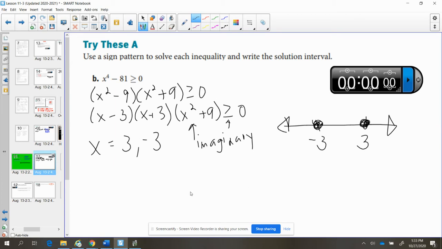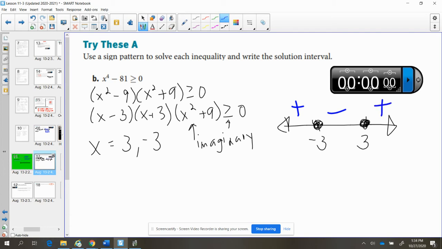And so a negative times a negative times a positive is an overall positive answer. And if I plug in a number between -3 and 3, like 0, I get a negative times a positive for an overall negative answer.